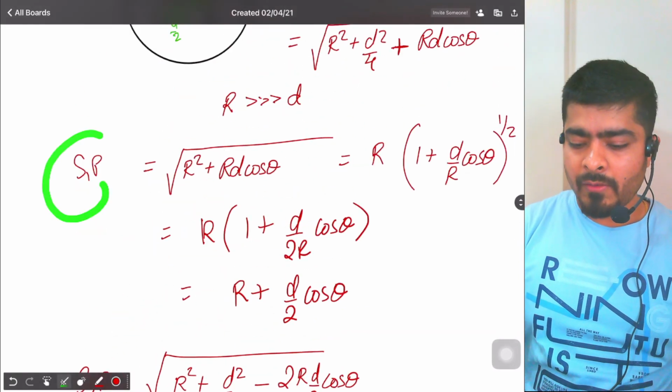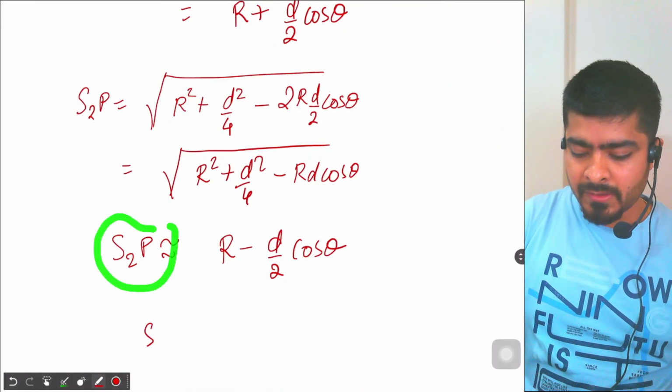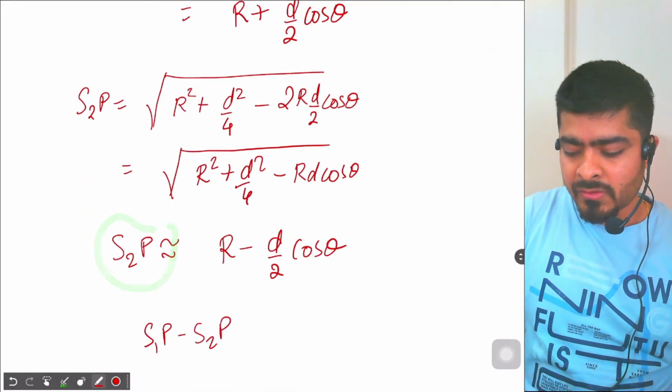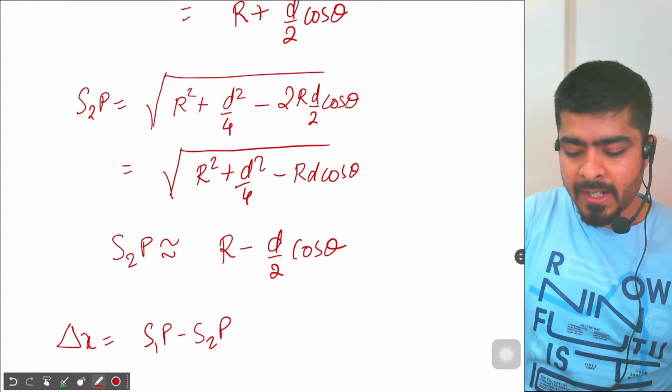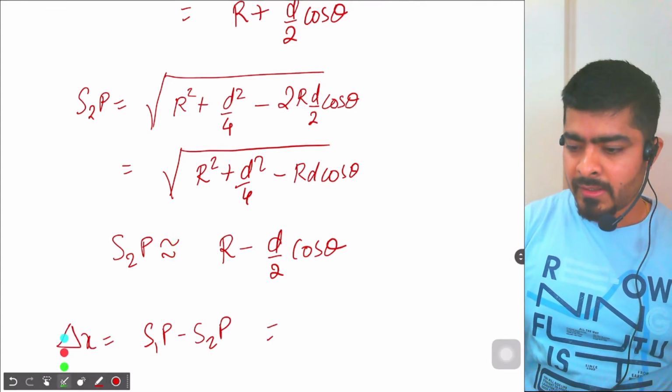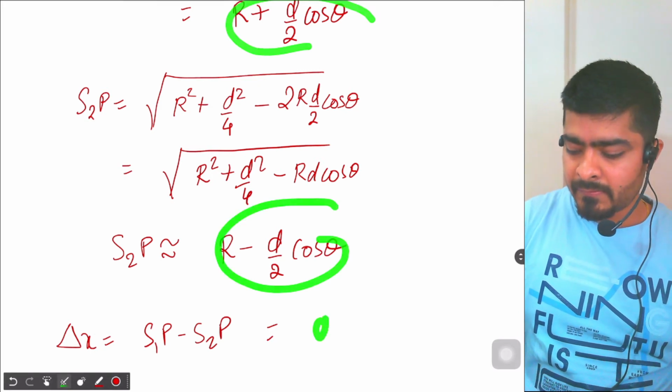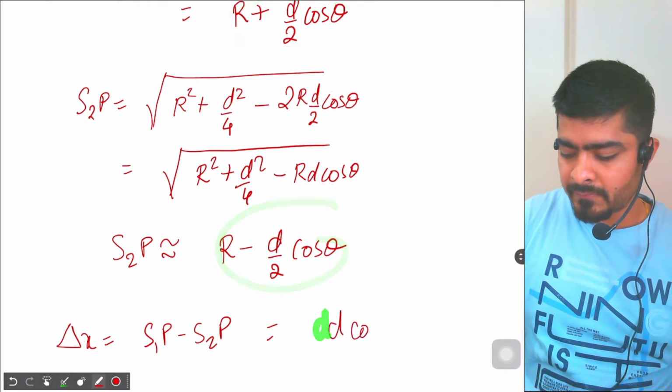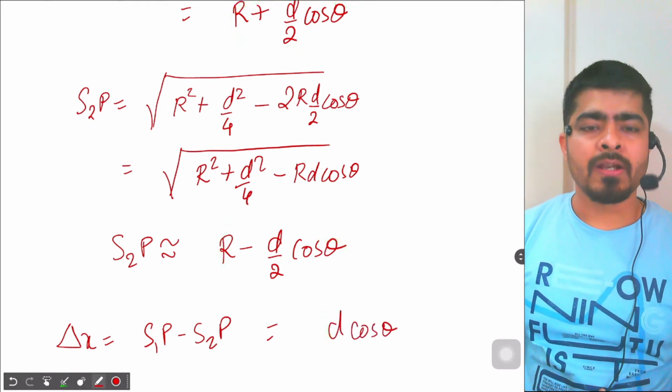So we have S1P and we have S2P. S1P minus S2P will be your path difference delta x. Subtract them and you get d cos theta. Clear?